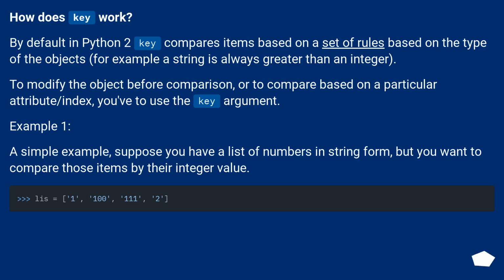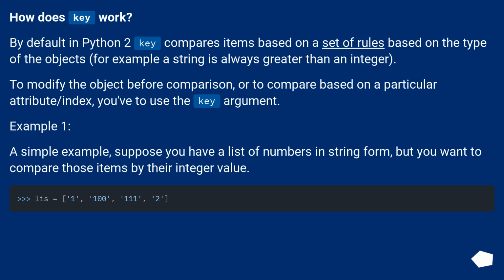How does key work? By default in Python, max compares items based on a set of rules based on the type of the objects. For example, a string is always greater than an integer. To modify the object before comparison, or to compare based on a particular attribute or index, you use the key argument. Example 1: a simple example.